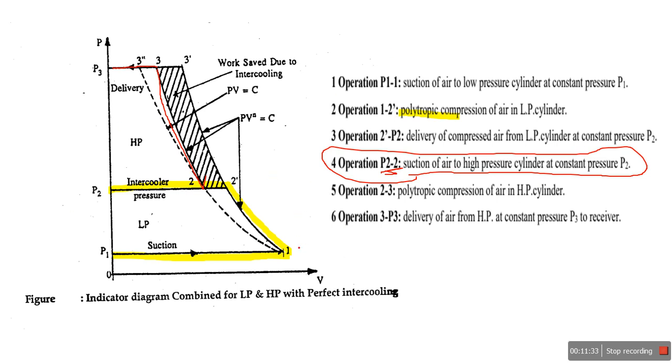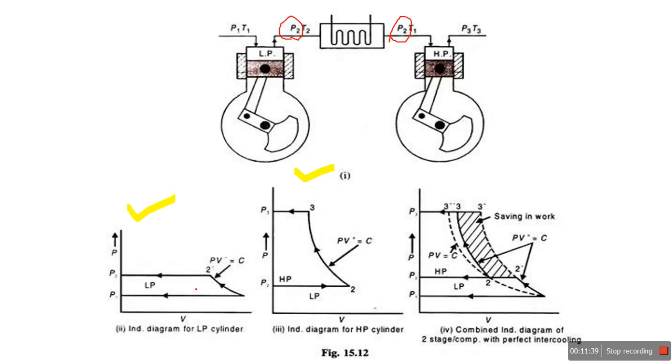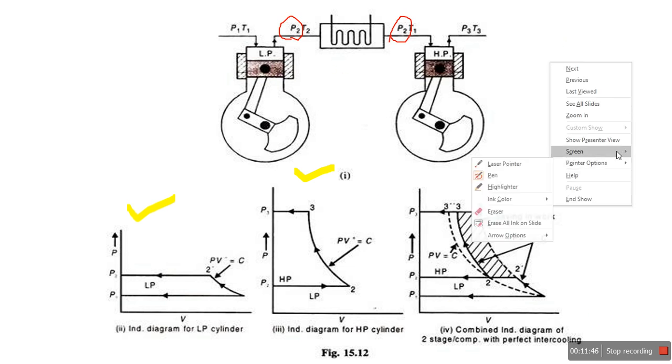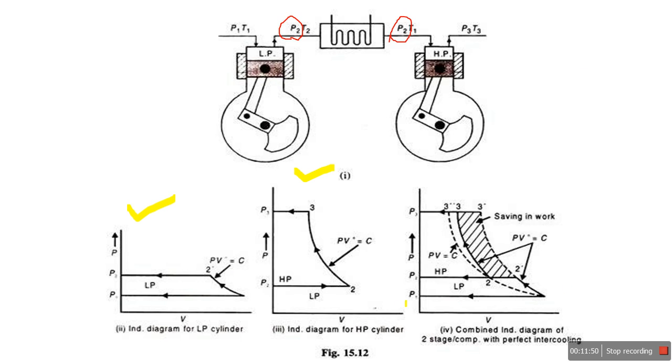Now see, if we carried out the compression in a single stage rather than two stage, here the compression is carried out in two stages, low pressure and high pressure, and the combined PV diagram is there. If the compression is carried out in a single cylinder, what happens then?